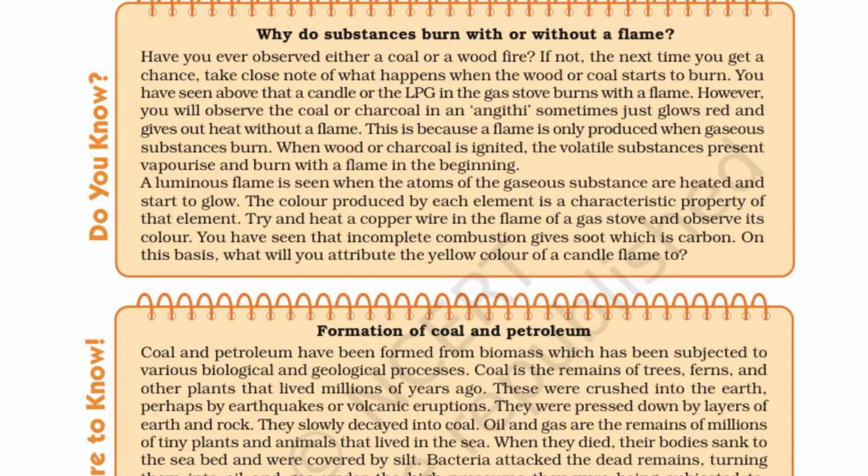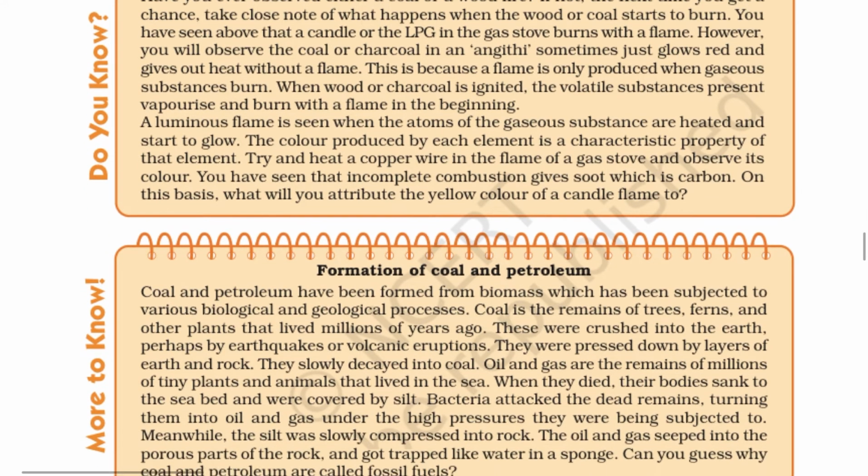The color produced by each element is a characteristic property of that element. Try heating a copper wire in the flame of a stove and observe that you get a green colored flame. You have seen that incomplete combustion gives soot, which is carbon. On this basis, we attribute the yellow color to the candle flame.